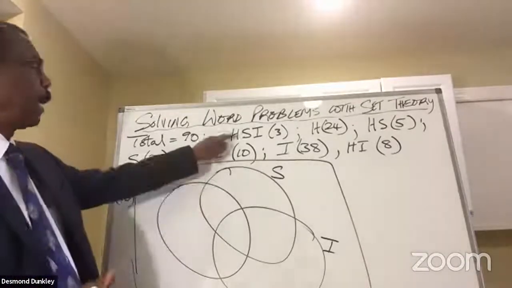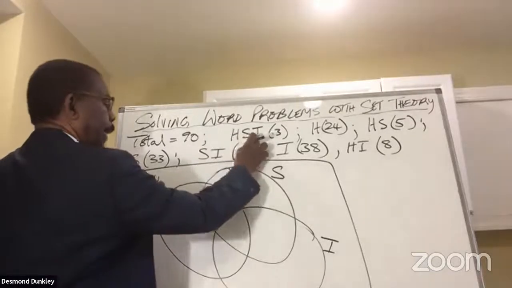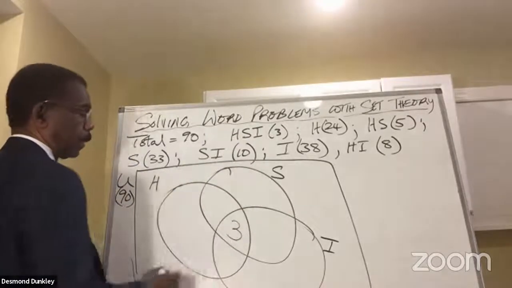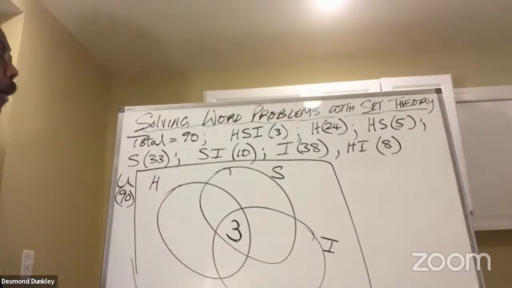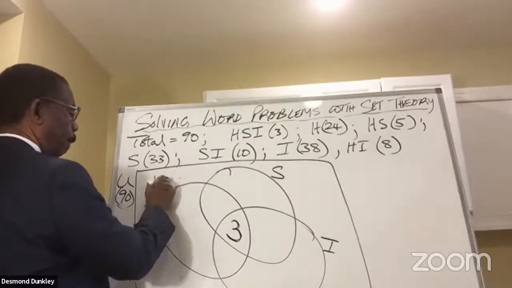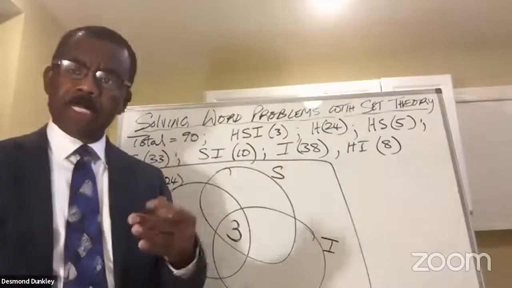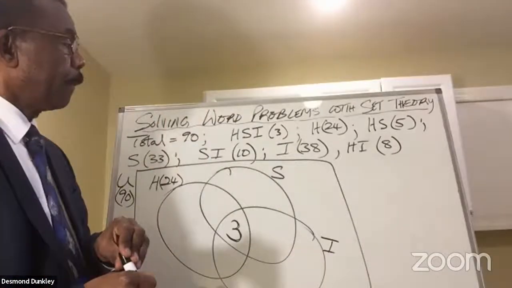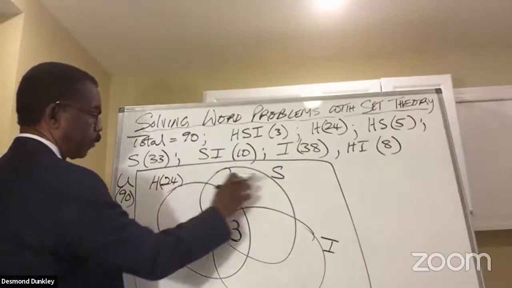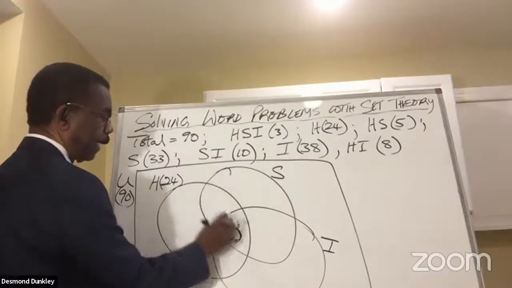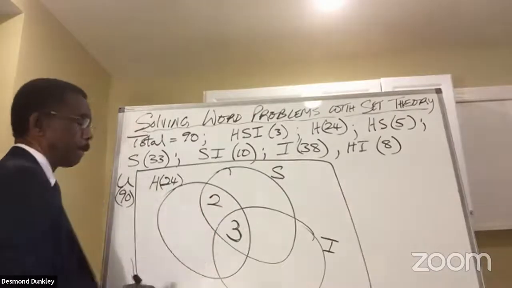According to the information, hamburger, soda, and ice cream is 3. Hamburger is 24. So I'm putting in the information sequentially, step by step. Hamburger and soda is 5. So those who have hamburger and soda is 5. So if this is 5 and this is 3, then this has to be 2.